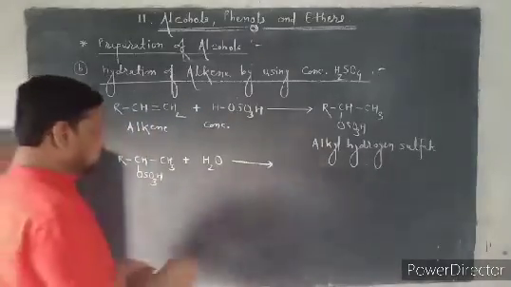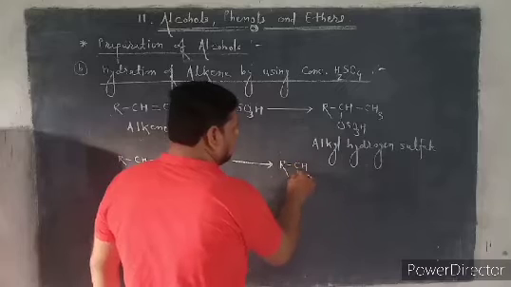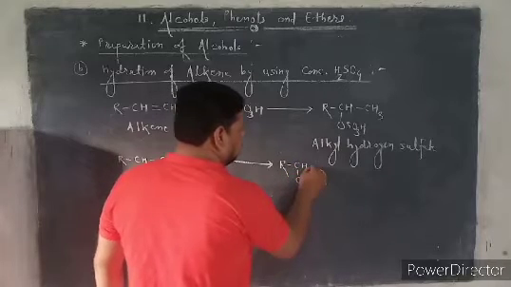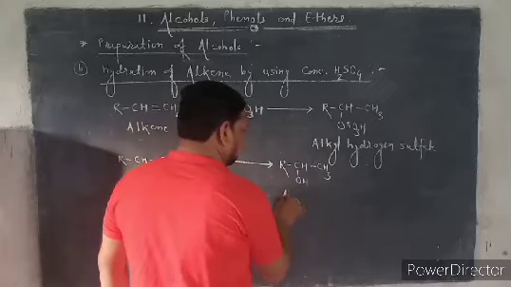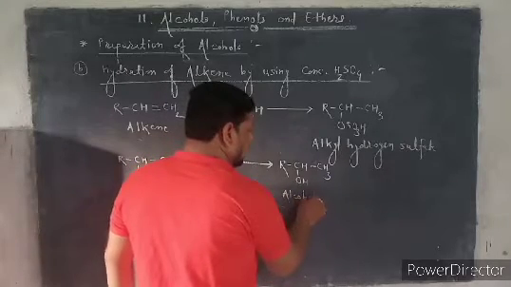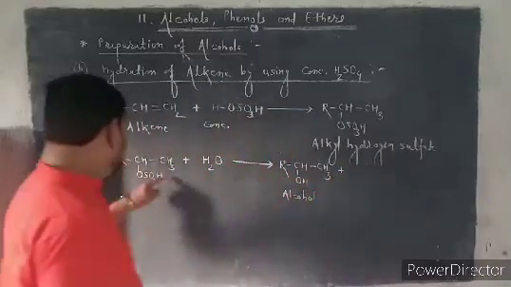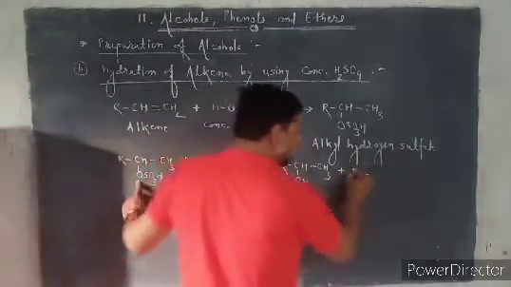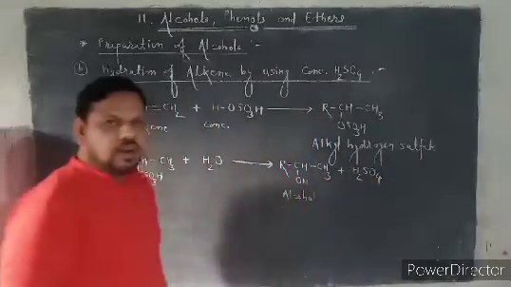Then it gives RCHOHCH3, that is alcohol, and H2SO4, that is sulfuric acid, is regenerated.